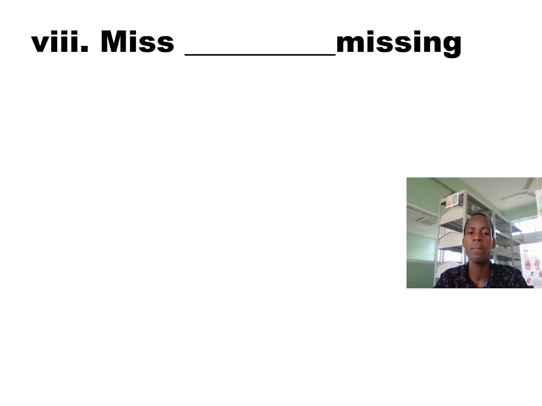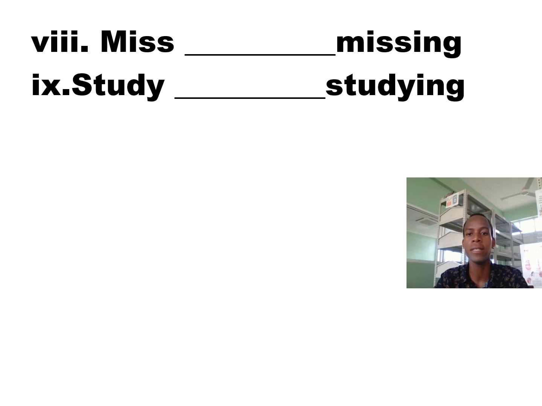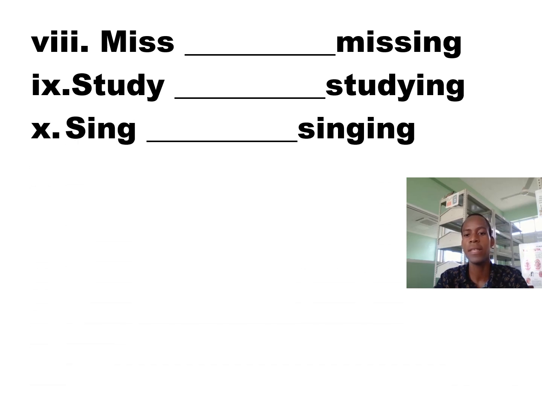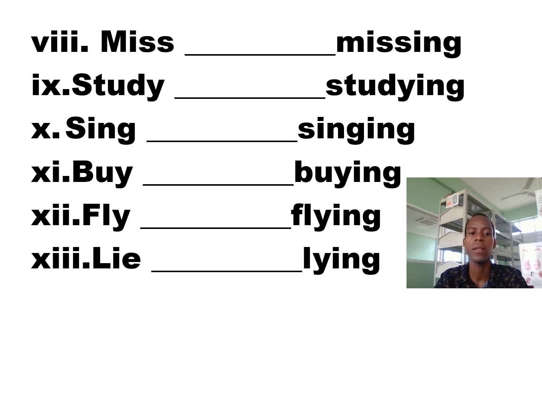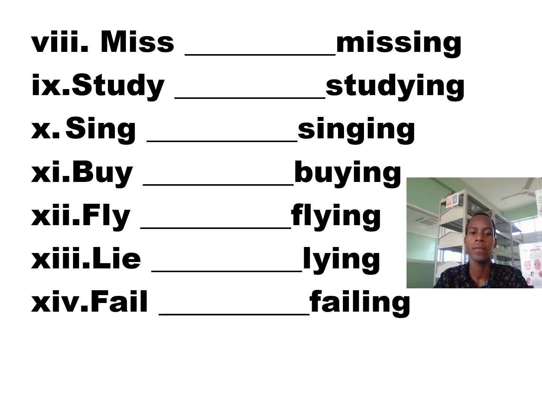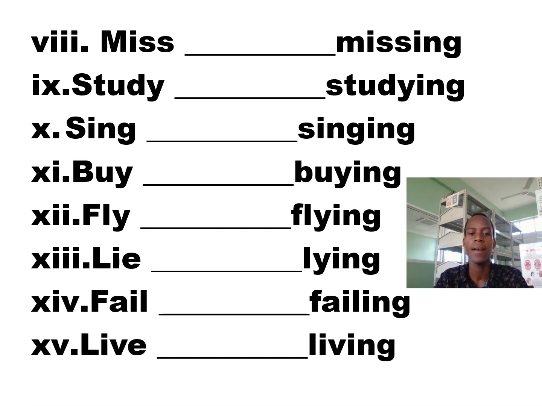With the verb miss, missing; study, studying; sing, singing; buy, buying; fly, flying; lie, lying; fail, failing; and live, living. Those were the answers for the question, and therefore you can try to revise your notes, the principles for the present participle, so that you can master them and not continue misspelling the words.